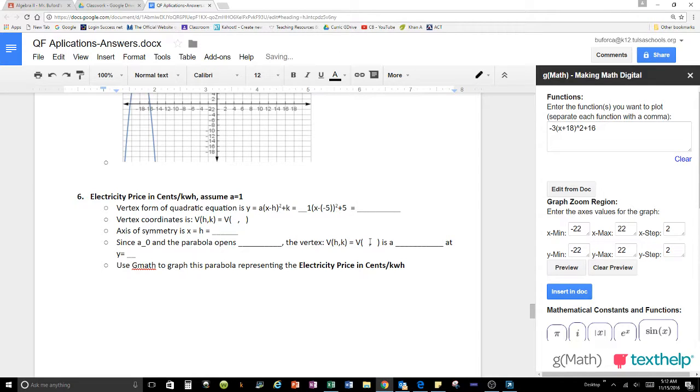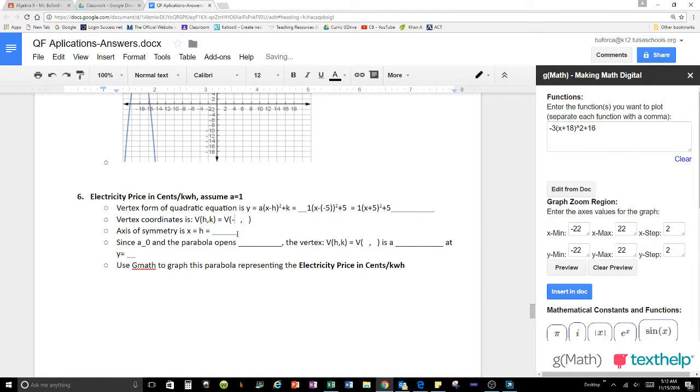Now since we have a negative and a negative here, that's going to become a positive, so if we rewrite this, 1 times x plus 5, control period 2, control period plus 5. That's our equation.